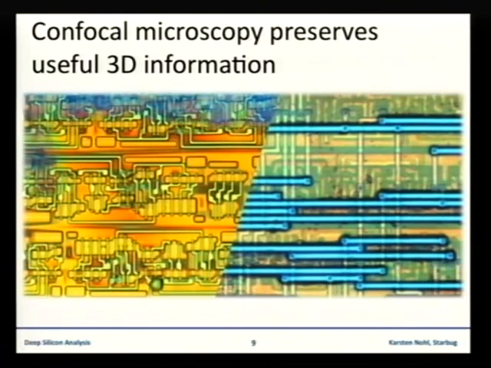If you have only 2 interconnection layers, you don't really need to polish to those layers if you have a confocal microscope, but they are still more expensive and not very easy to use.